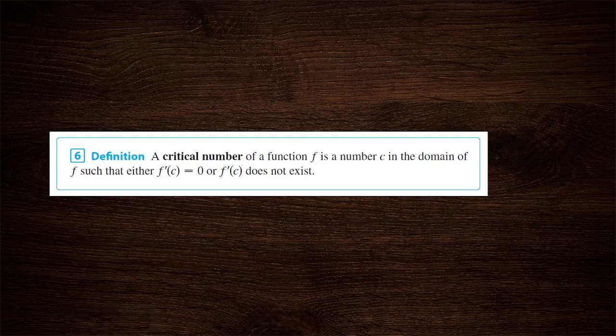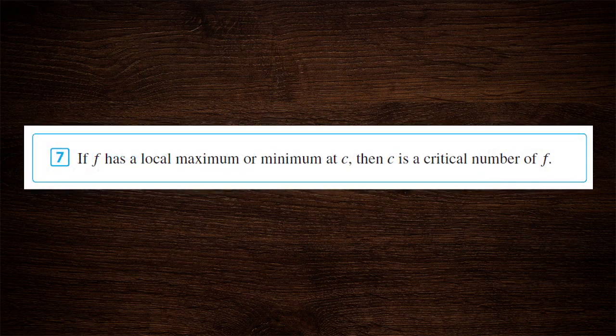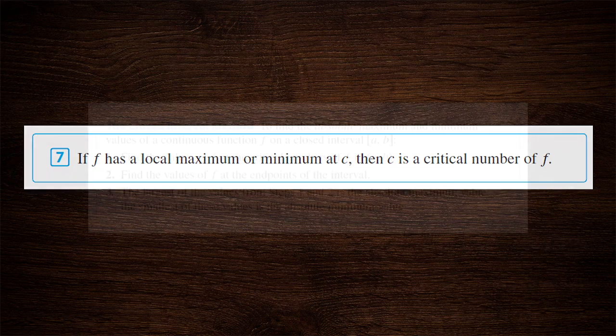But going back to the definition, there is no maximum and minimum value. Okay, proceeding. If the function has a local maximum or minimum at the given c, at the given critical number, then c is the critical number. And if there is no local maximum or minimum, then maybe that c is not a critical number of the function.